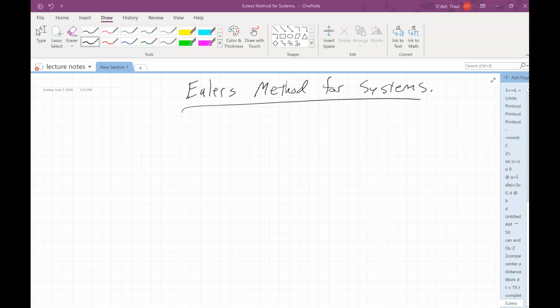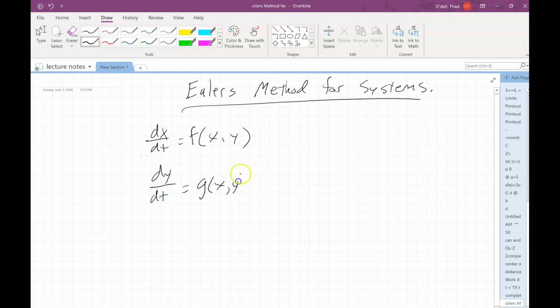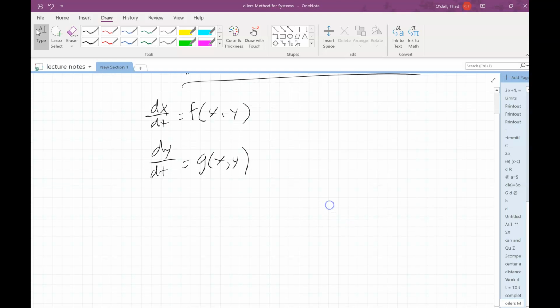So let's start out with some notation. If we have a differential equation, dx/dt is equal to some function involving x and y, and then we have dy/dt also involving some other function of x and y, then we can write that, of course, in vector notation. This is stuff that I think we've all talked about before, but just to remind you.